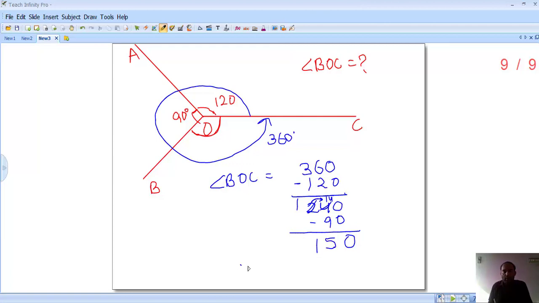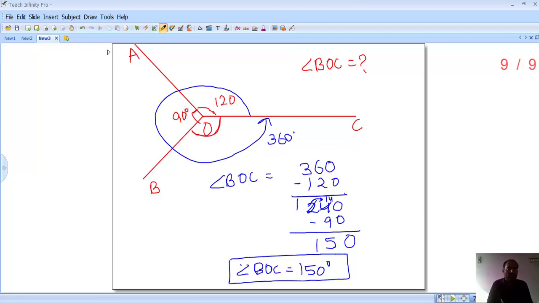How much is angle BOC? That is 150 degrees. Okay, I think you got it.